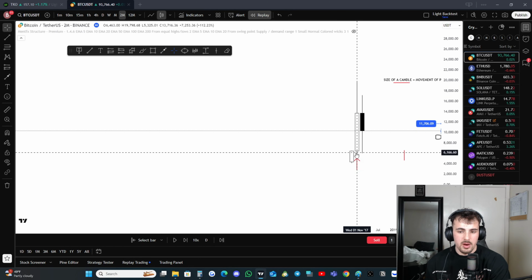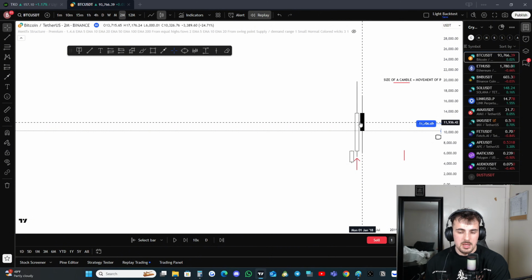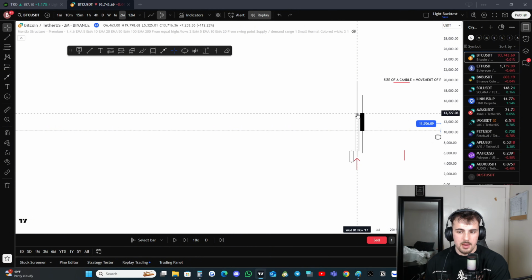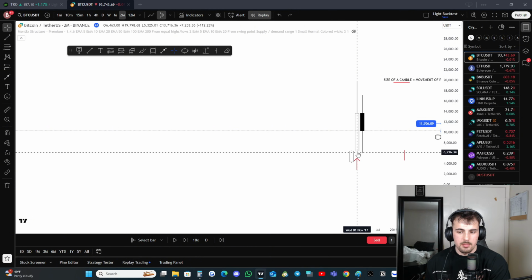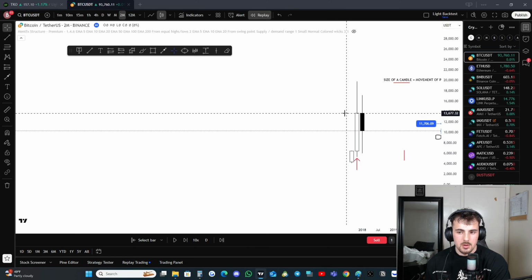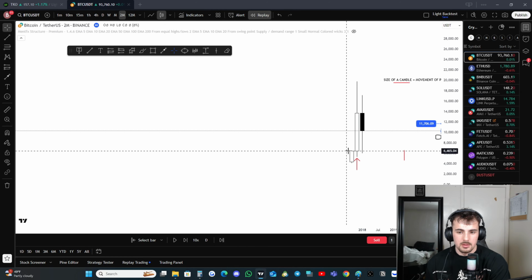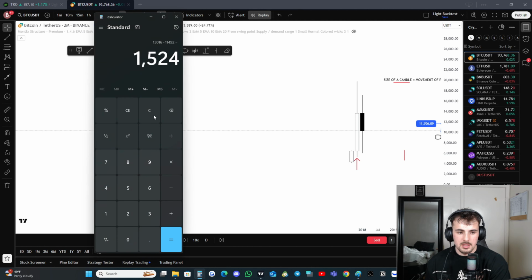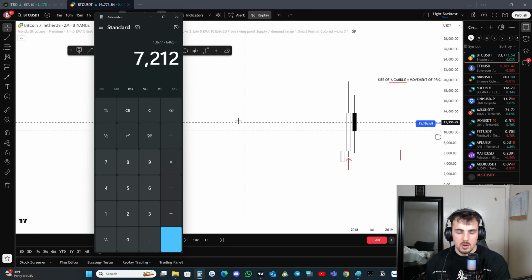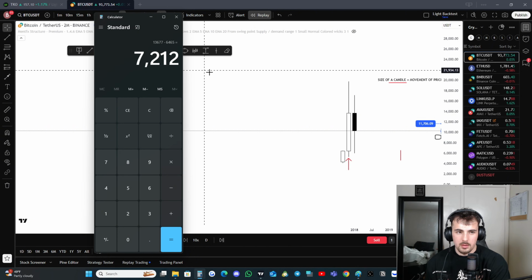And the movement of price would be, say, the top number subtracted by the bottom number. So 13,677 subtracted by 6,465. The movement of price in this 2 month period would be 7,212.